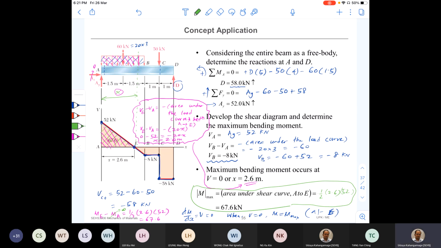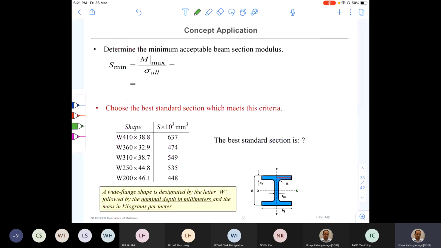Okay, so once we know the maximum bending moment, then I can use the equation I developed for minimum section modulus, which should be equal to M max over sigma allowable, right? So now we know that maximum bending moment is 67.6 into 10 to the power 3, divided by the given allowable stress of the steel, 160 into 10 to the power 6.